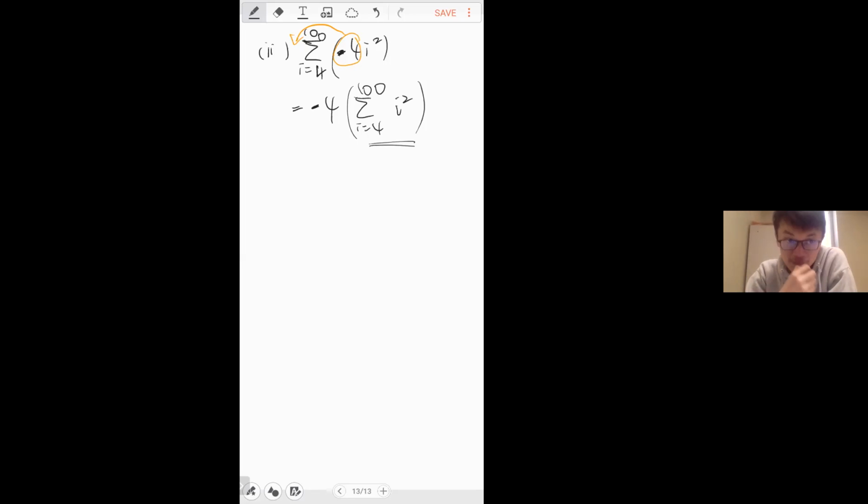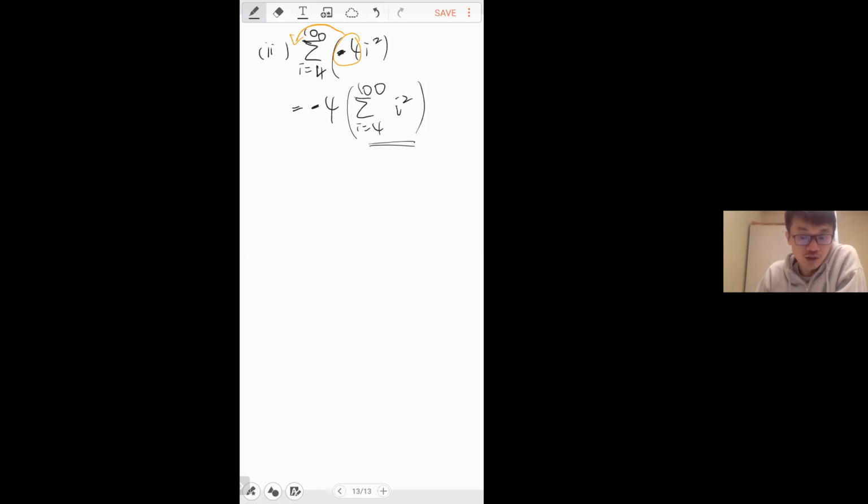Or 1000? You don't want to just plug in, right? Because you'll be plugging in a crazy amount of numbers. You can still use the formula, but you have to do some trick.